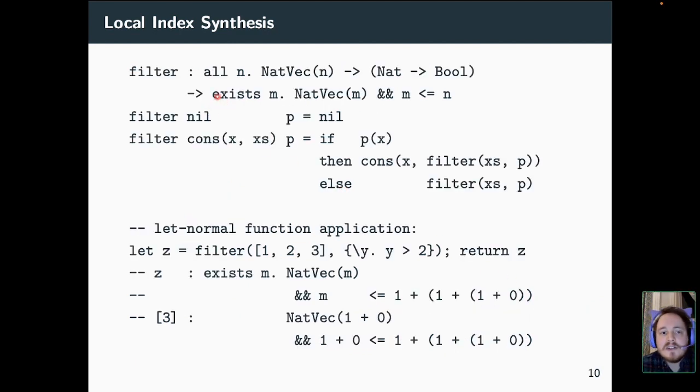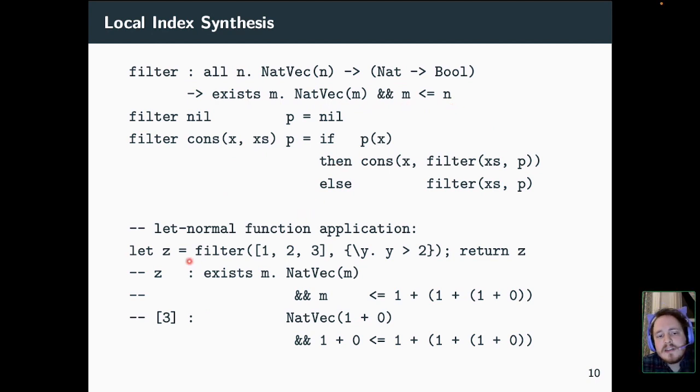Let's turn to another example, filter. This is the usual filter function, but I give it a refinement type which says that if you filter a list of length n by some predicate, then the list you get back is a list of some length m less than or equal to n, the length of the input list.